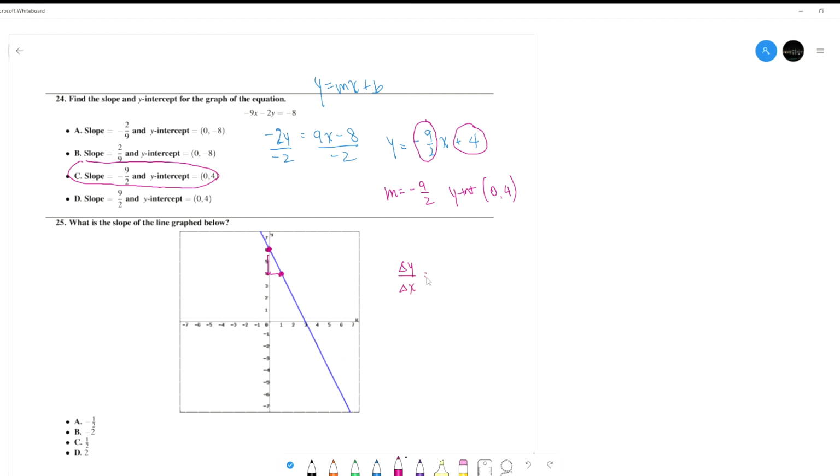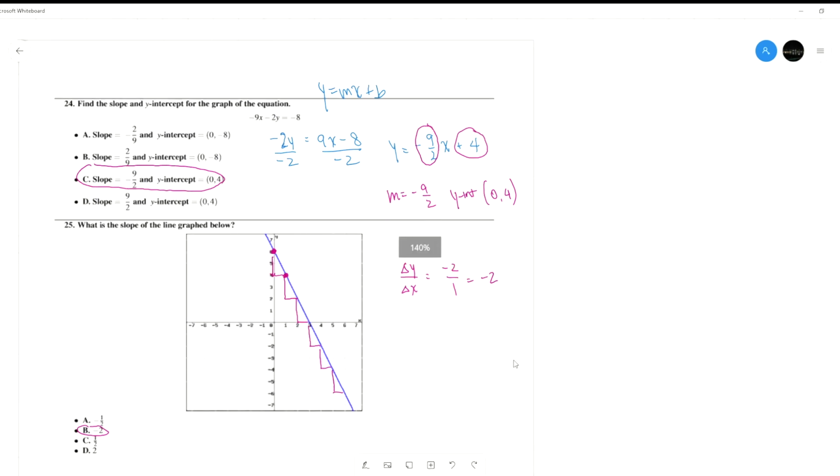That's all you have to do. So down 2, right 1. So that's -2. Easy. Okay? And as you can see, it follows that slope, down 2, right 1, the whole way. So that should be pretty easy to identify.